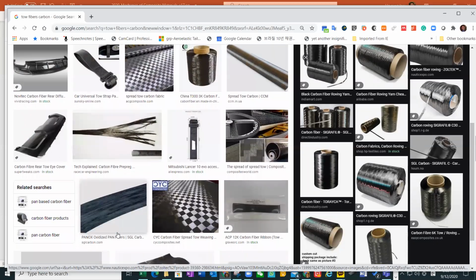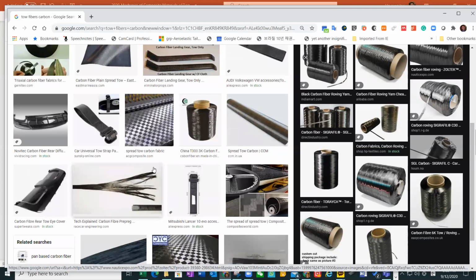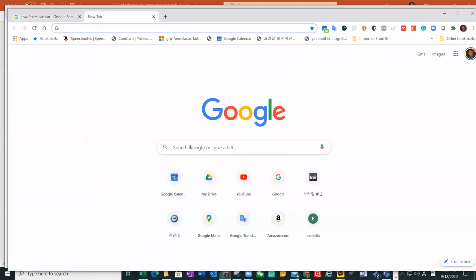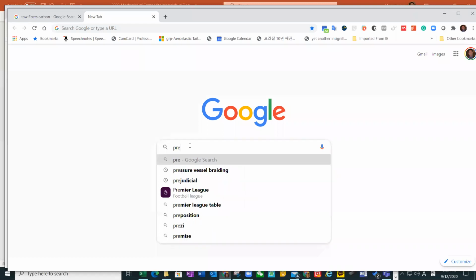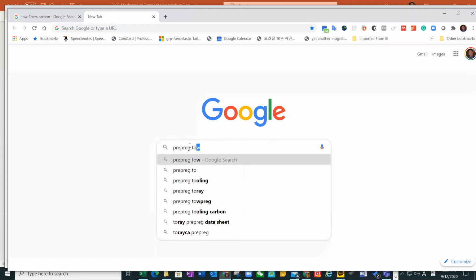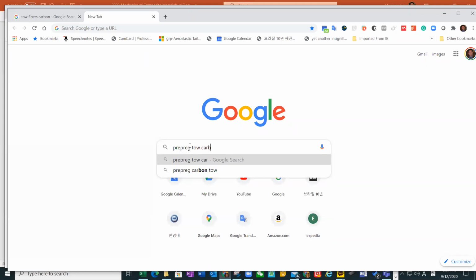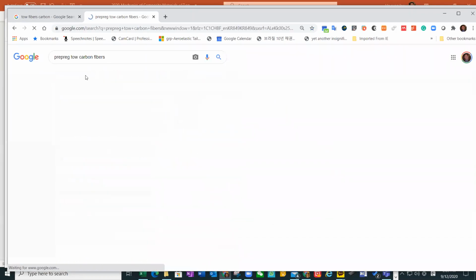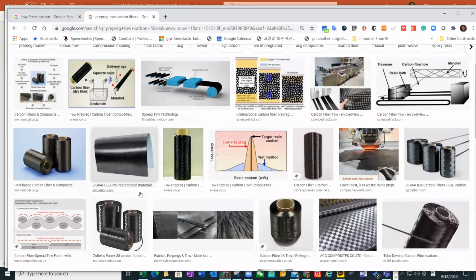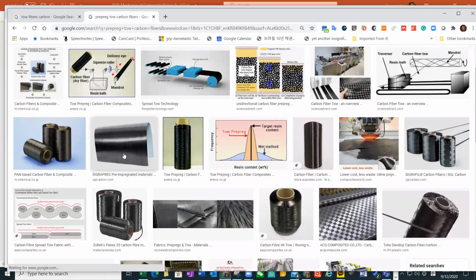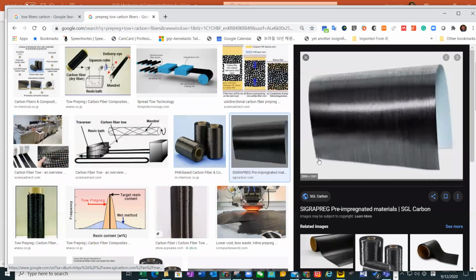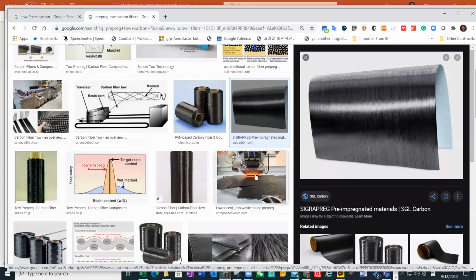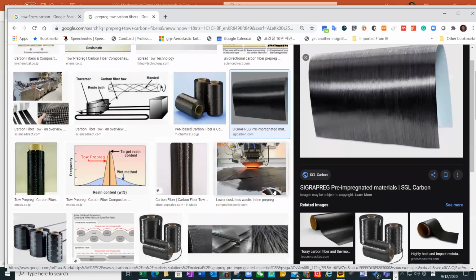But when we have a composite, we have a prepreg. Prepreg means that we have this kind of toe, and the toe will be spread.